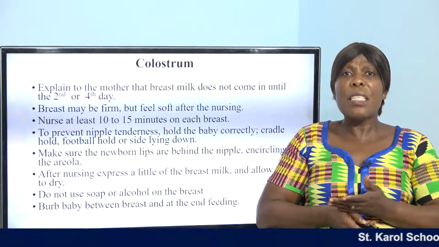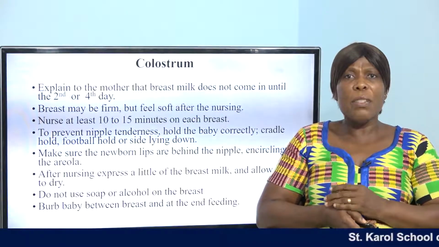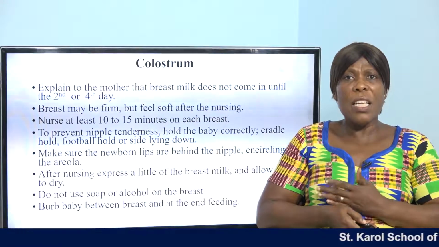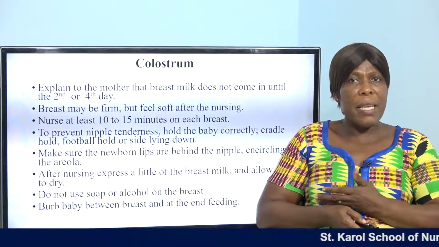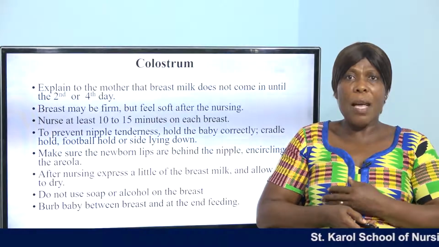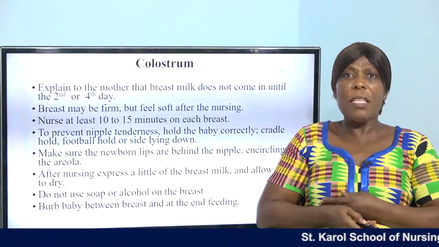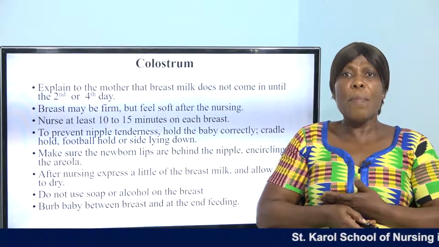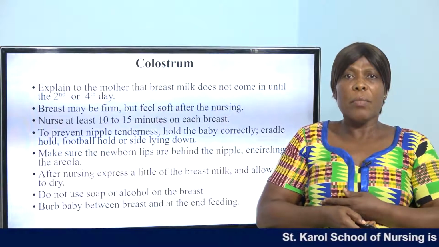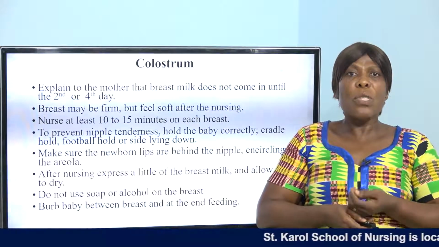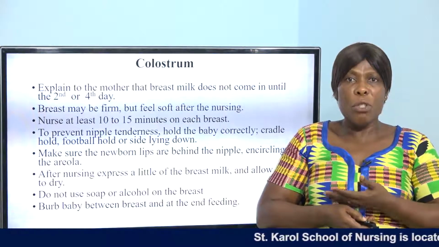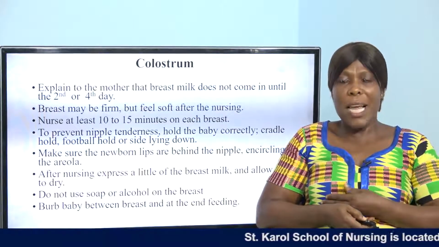We need to nurse the baby at least 10 to 15 minutes on each breast. To prevent nipple tenderness or nipple crack or pain on the nipple, we need to hold the baby correctly. We need to cuddle the baby. Either we use the cradle hold, football hold, or side lying.